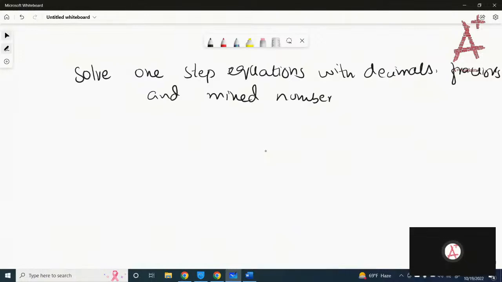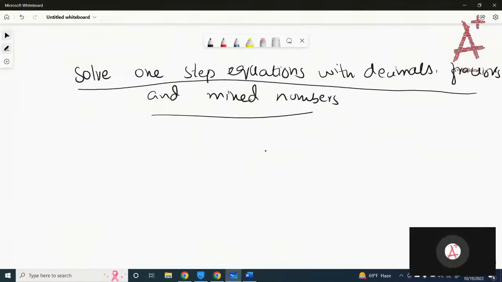Okay, let's start with examples. Solve one step equations with decimals, fractions, and mixed numbers. So let's start with the definition, with the examples.